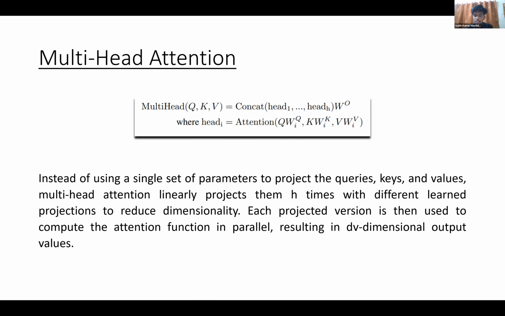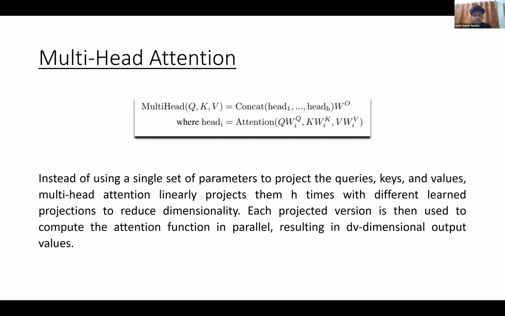That is, the input Q, K, and V are projected h times with different learned linear projections to dk and dv dimensions respectively.